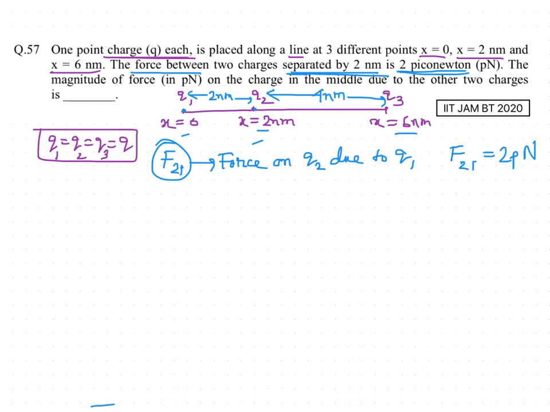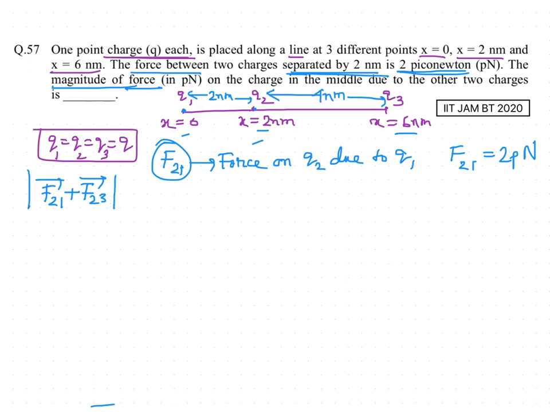Now we need to calculate the magnitude of force on the charge in the middle, that is on Q2, due to the other two charges. That is, we need to find the magnitude of F21 vector plus F23 vector, the summation of these two vectors.